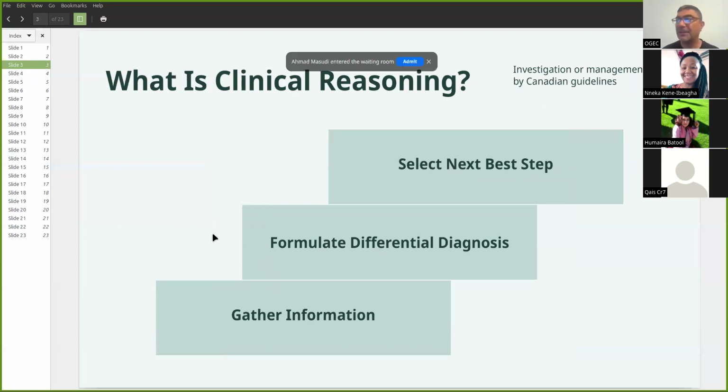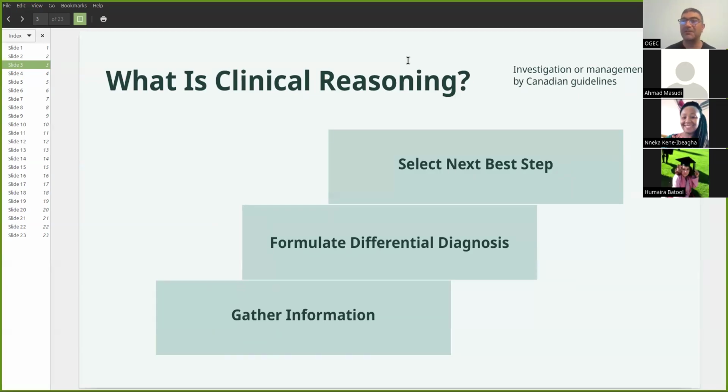So what is clinical reasoning? Clinical reasoning is the process by which we move from a patient's presentation to diagnosis, to management, and to planning everything. So it's not just recalling facts, the things we just memorized.